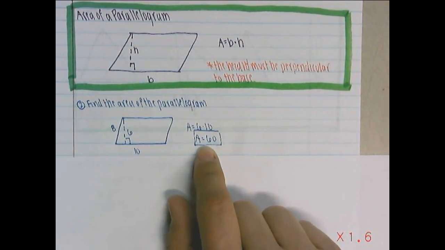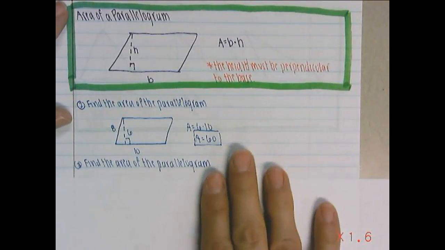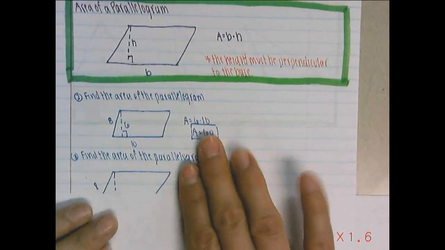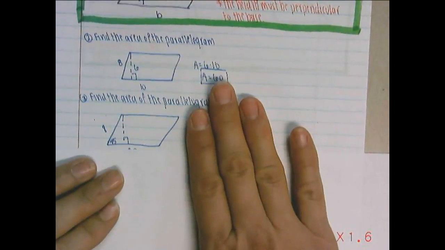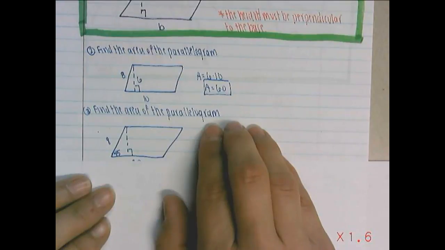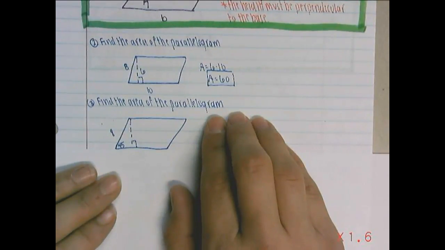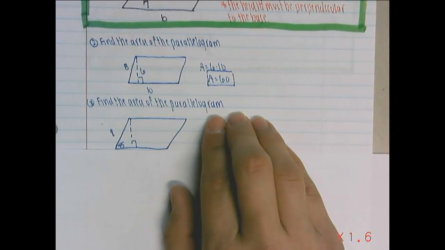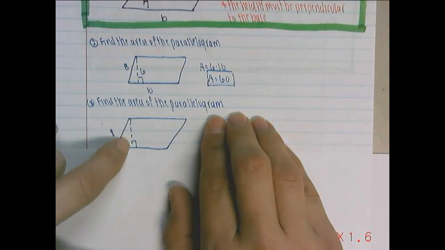Okie doke. And then, if we're trying to find the area of this figure, this one gets a little bit more complex. And you thought we could forget special right triangles. Sadly, we cannot. We have this parallelogram, and here we have this line that drops down the height.